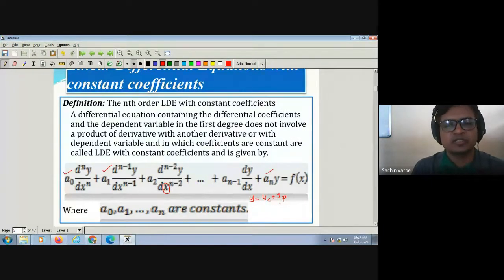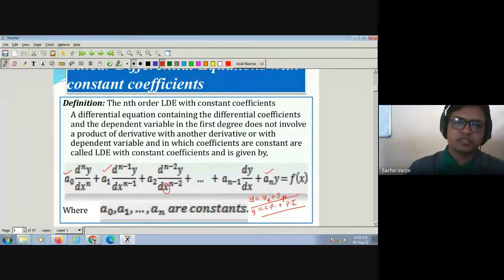These are just notations. Yc is for complementary function and yp is for particular integral. So this is complementary function CF plus particular integral PI. This is your general solution, or it is also called complete solution. Okay. So let us proceed with the solution of linear differential equation with constant coefficient.